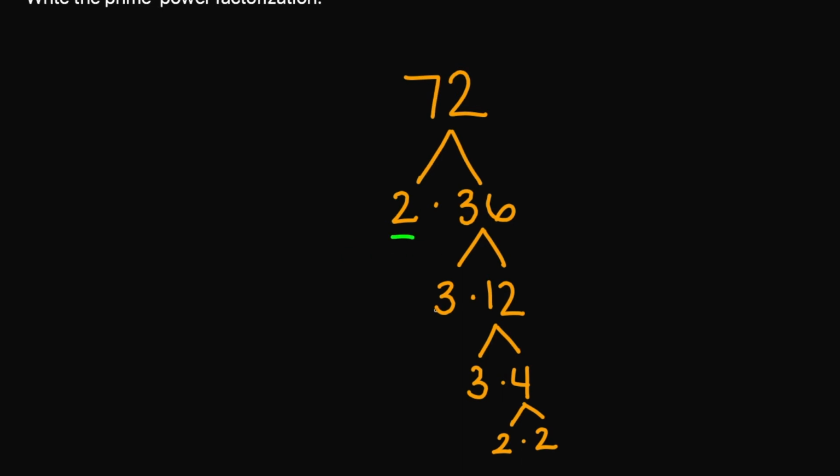I now have prime numbers left. I cannot factor anymore. So I have 1, 2, 3 2's. So I'm going to write 2 to the 3rd power times 3 to the 2nd power because I have 2 3's.